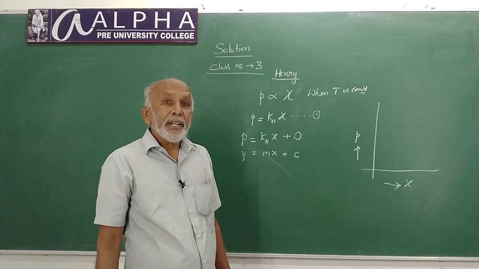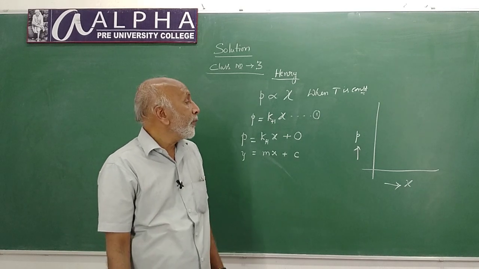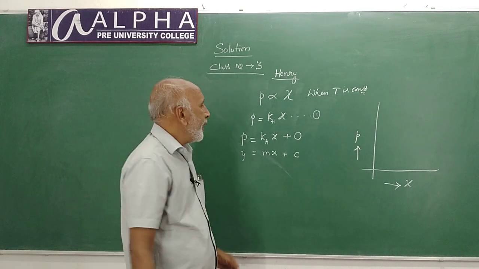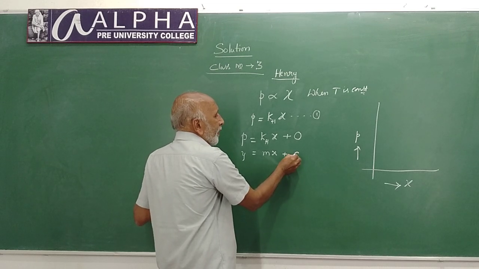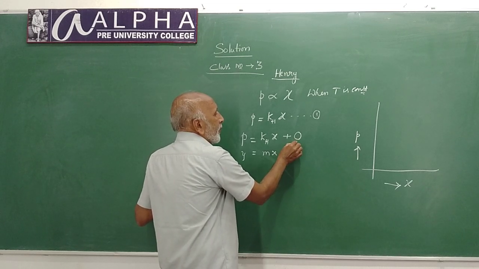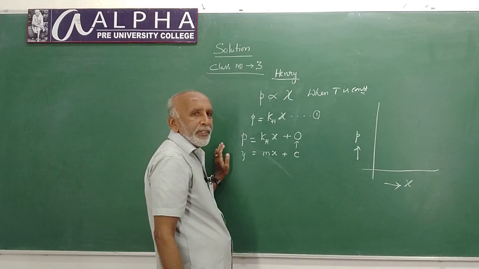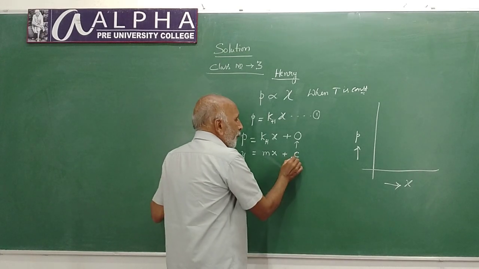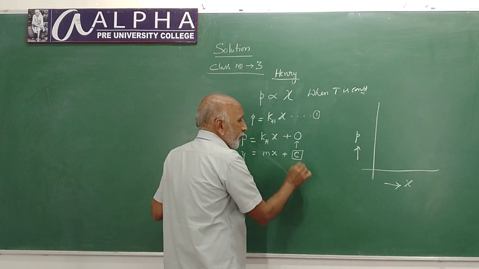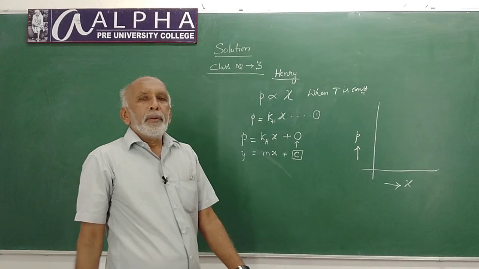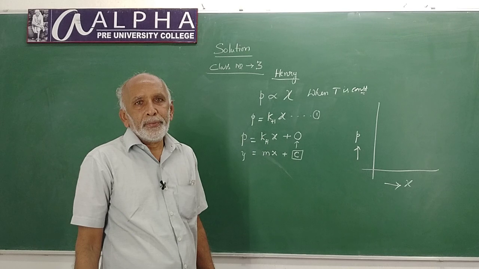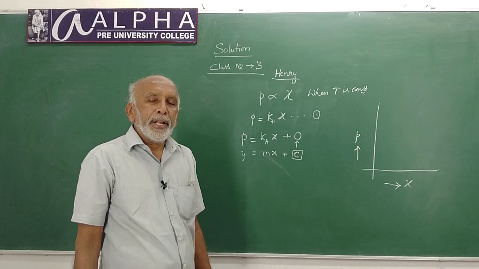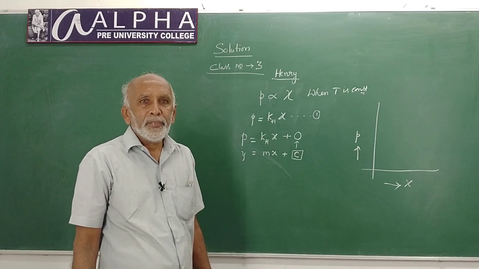Now let us see the characteristics of this plot. See here, the value of this constant C corresponds to 0. Generally, from the plot, the value of C can be obtained by considering the intercept of the plot on either the x-axis or y-axis.